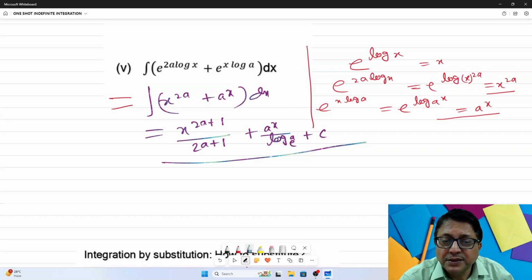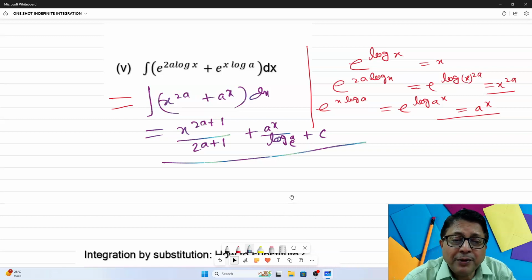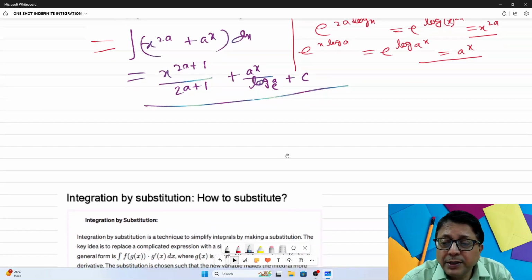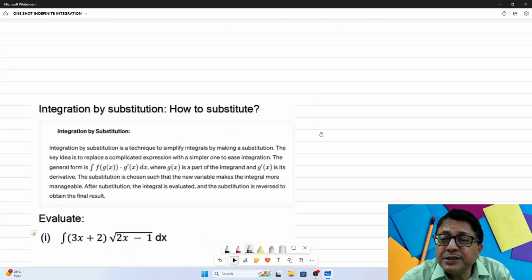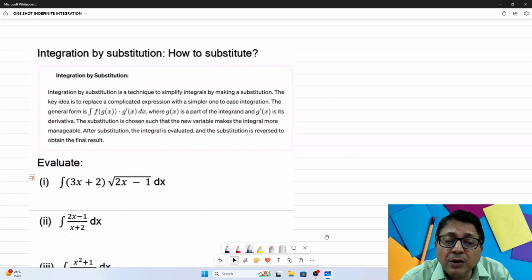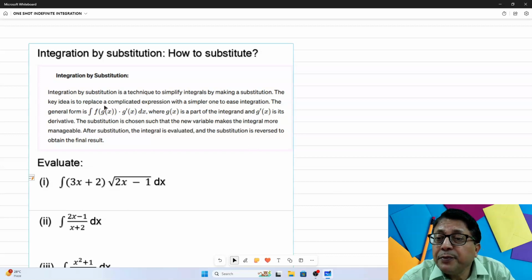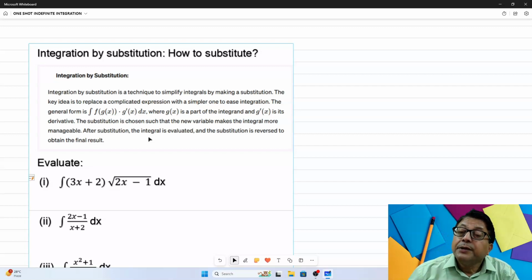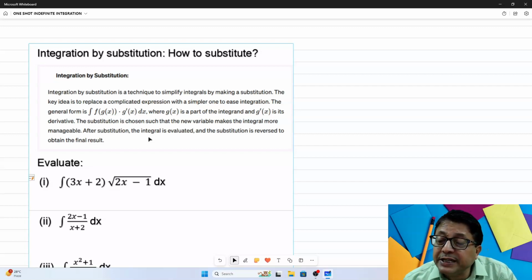Finished. Okay. Now we are going to remember indefinite integration by substitution and how to substitute. See, when you are going to substitute, a suitable part of the integrand should be replaced by another variable. Then suppose the variable is z, then the whole integrand will be changed in terms of z and then integrate.